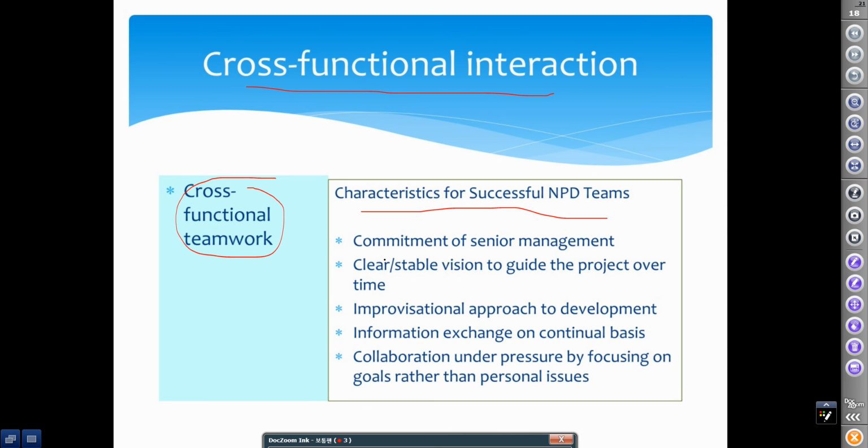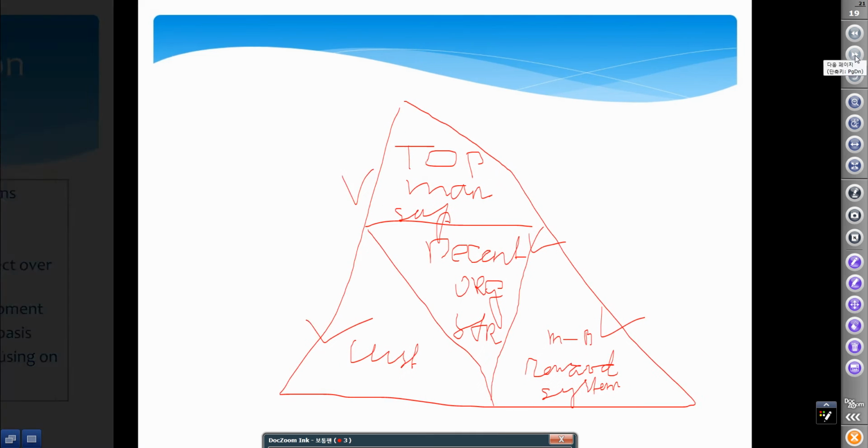It means that we should arrange commitment of senior management to submit a clear, stable vision to guide the project over time, to realize the improvisational approach to development, so it's some kind of facilitator to the creativity process. We should provide the information exchange on a continual basis, and we should manage the collaboration under pressure by focusing on goals rather than personal issues. So that's why it's so important for the customer-oriented strategy.